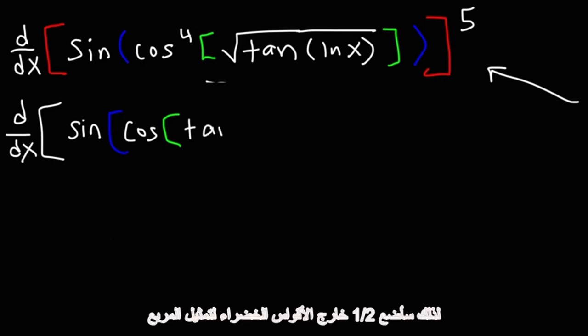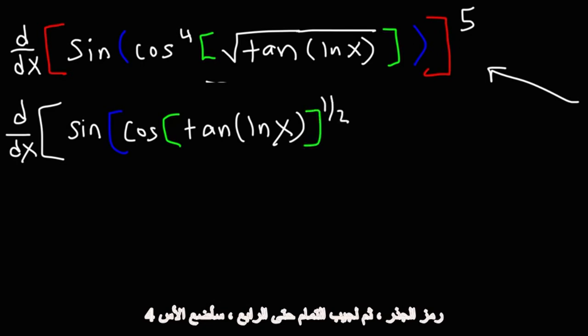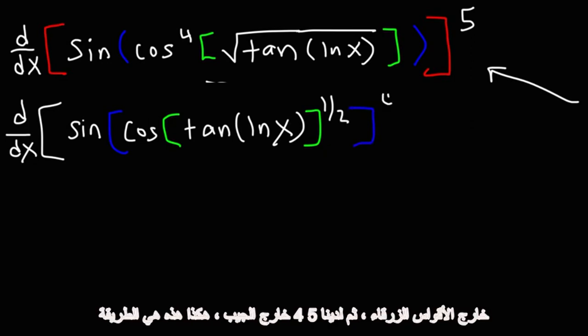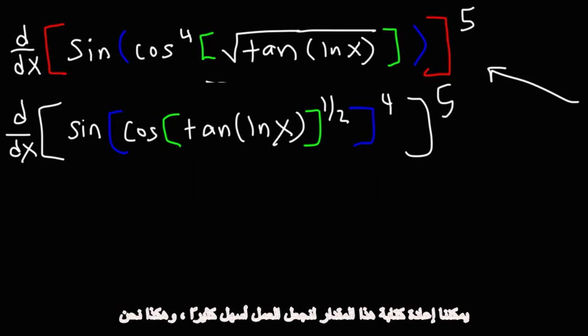So I'm going to put a 1/2 outside of the green brackets to represent the square root symbol. And then for cosine to the 4th, I'm going to put an exponent of 4 outside of the blue brackets. And then we have a 5 outside of sine. So that's how we can rewrite this expression to make the work a lot easier.